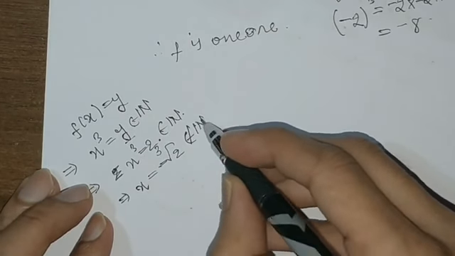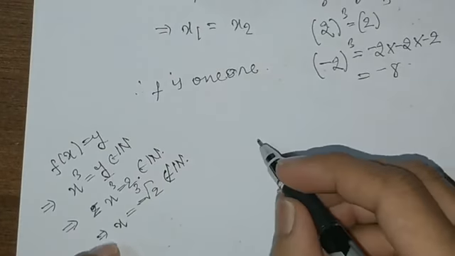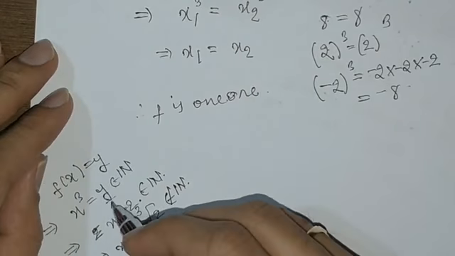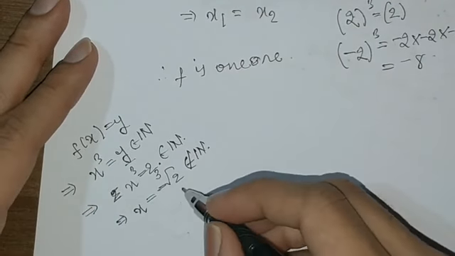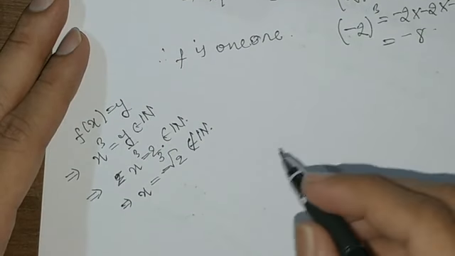But cube root of 2 doesn't belong to the natural numbers, right? This will be some decimal number. So what you are getting is, for y equal to 2, there is no element x such that it is mapped to 2.